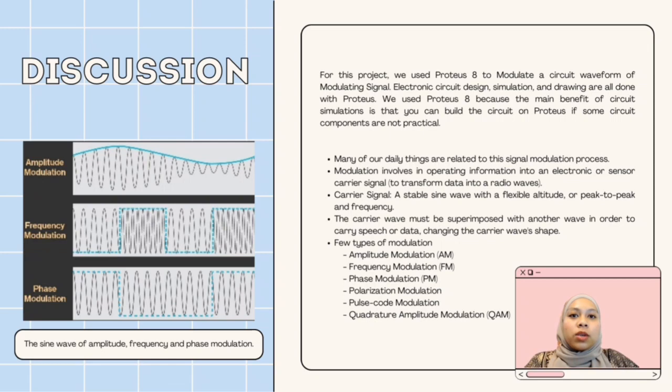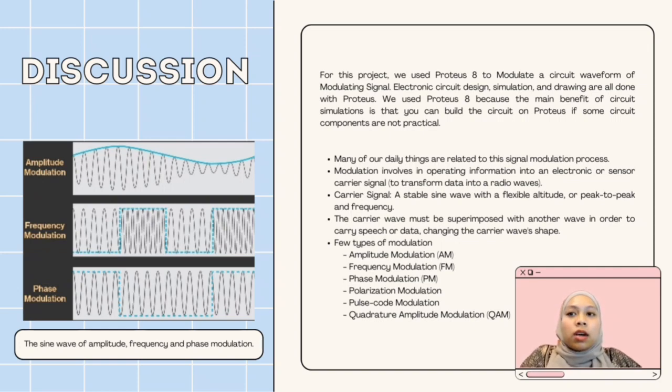The carrier signal is a stable sine wave with a flexible amplitude or peak-to-peak and frequency. The carrier wave must be superimposed with another wave in order to carry speech or data, changing the carrier wave shape.